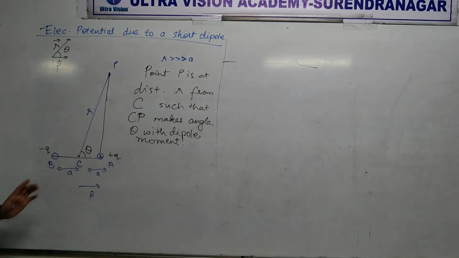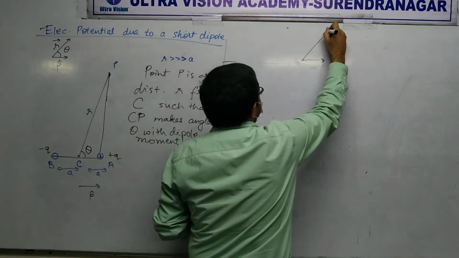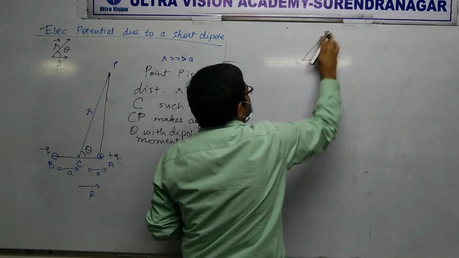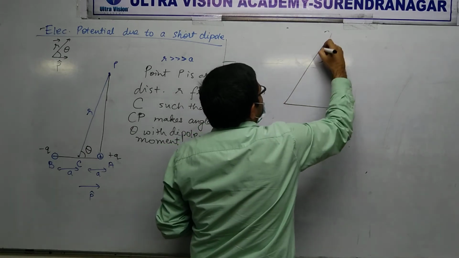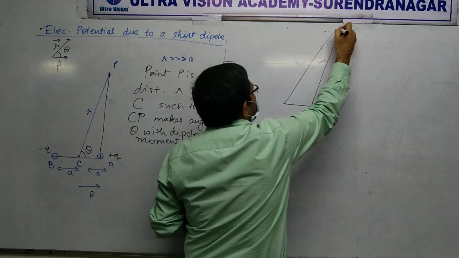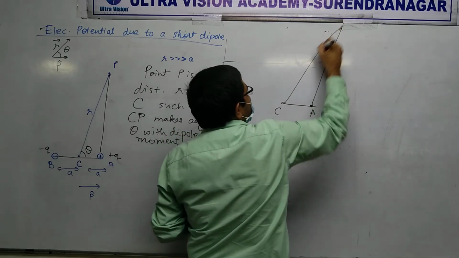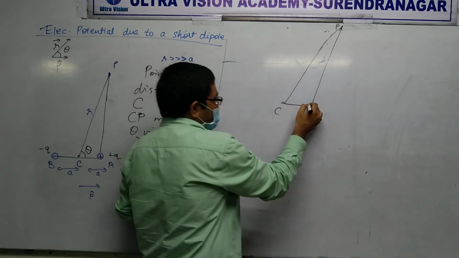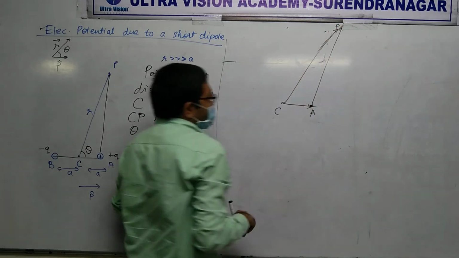So we want to find AP. So look at this triangle that we have so far. I'm going to draw its replica over here. Now here is C, here is A, and here is P. Suppose we treat them as vectors: CA vector, AP vector and CP vector.